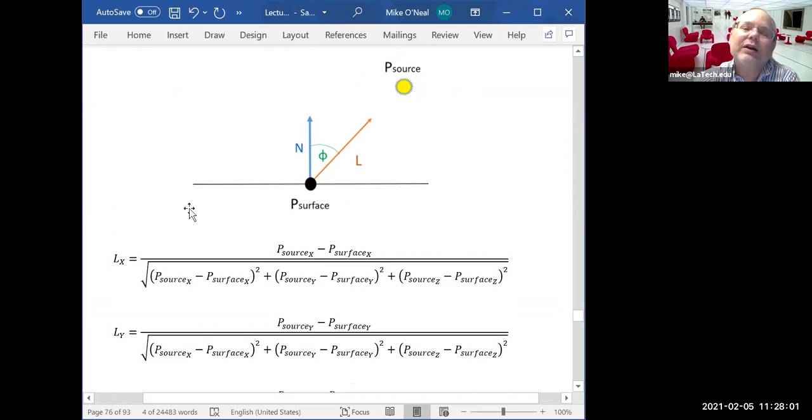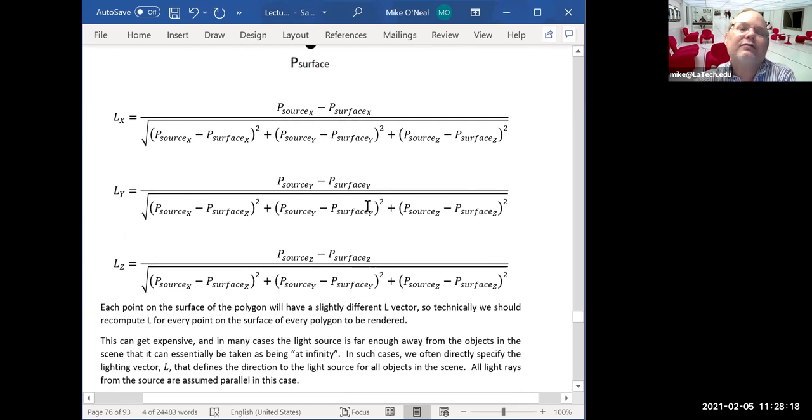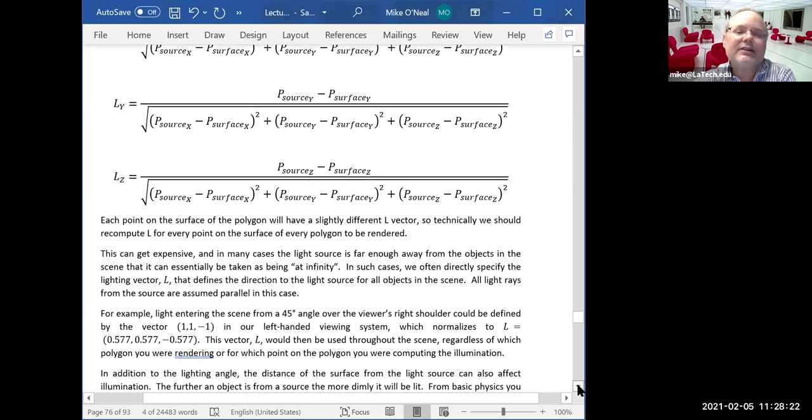So if all your light rays are parallel, you could run through these equations for each point, but they would all return the same answer, okay? But if the light source isn't at infinity, if you're going to model it as at some point in 3D space, then you need to run through these equations to compute the lighting vector for every point on the surface. Does that make sense?